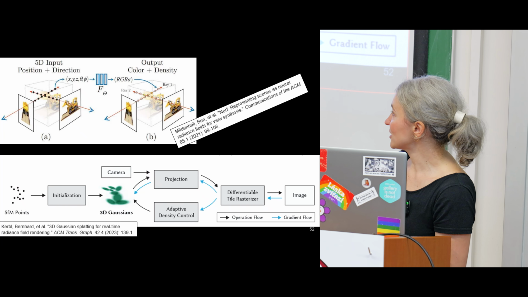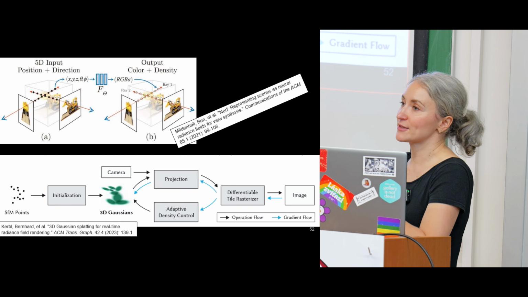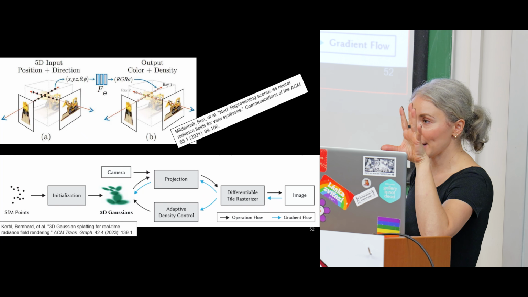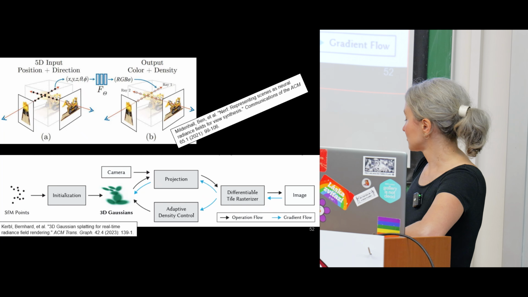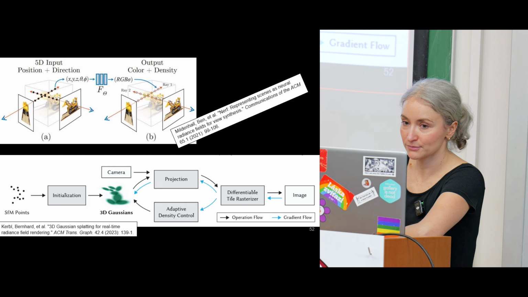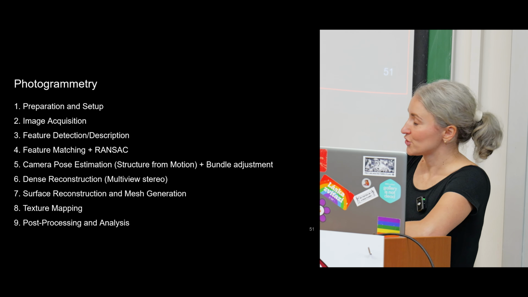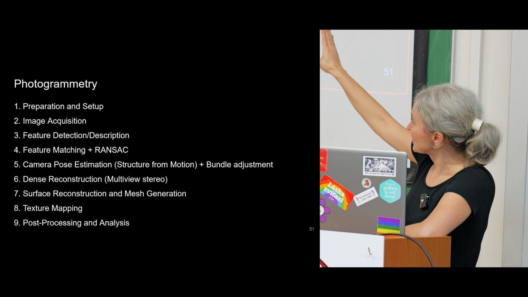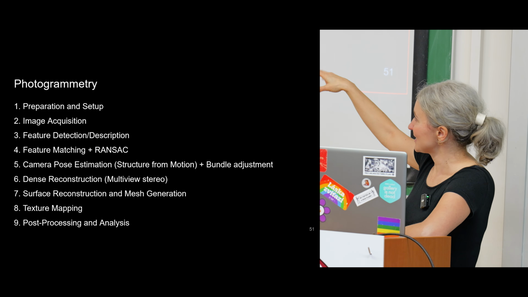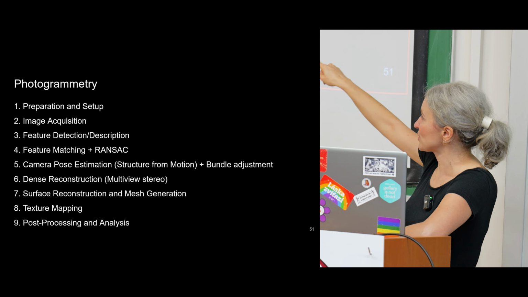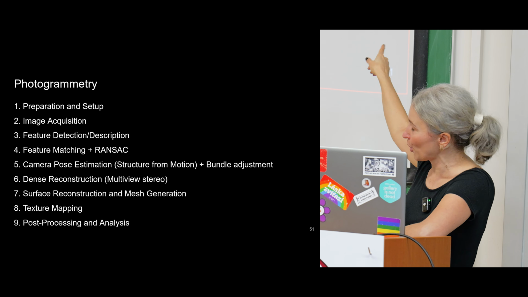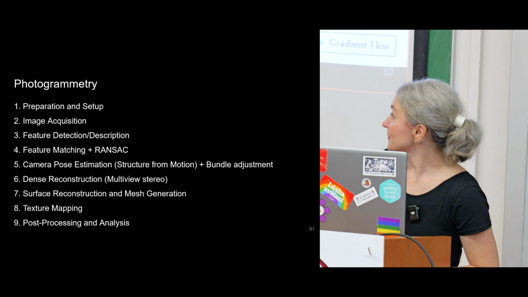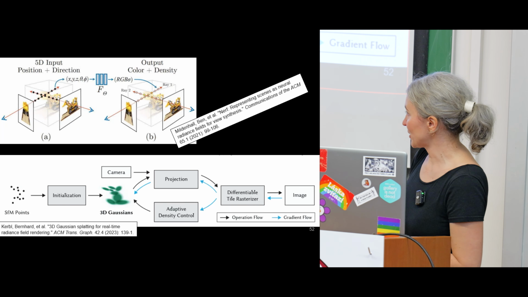So for both of these, you need a bunch of images, very similar to photogrammetry. In case you are using the photogrammetry pipeline, you will just do these first two steps. In some cases, in Gaussian splats, you also get to the fifth point. So you will have structure from motion and then continue with the Gaussian splat representation.